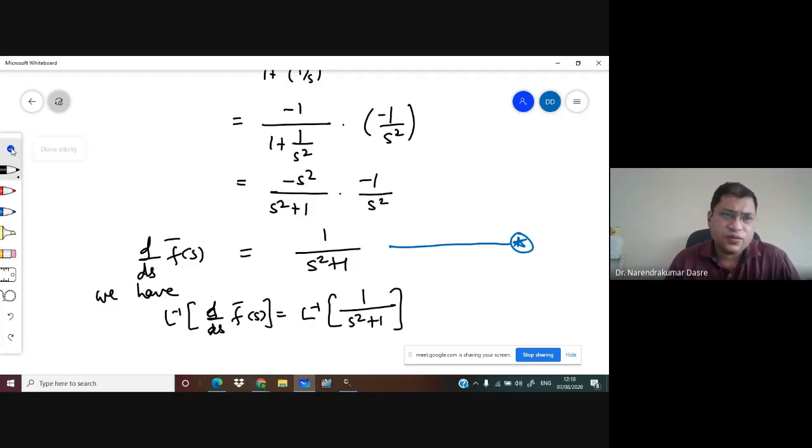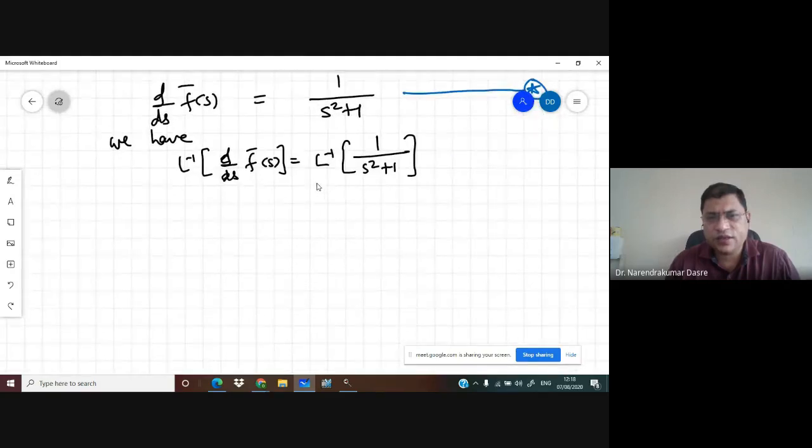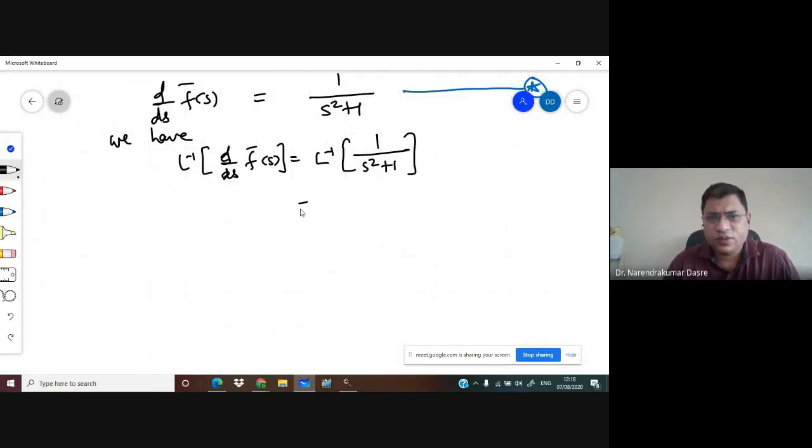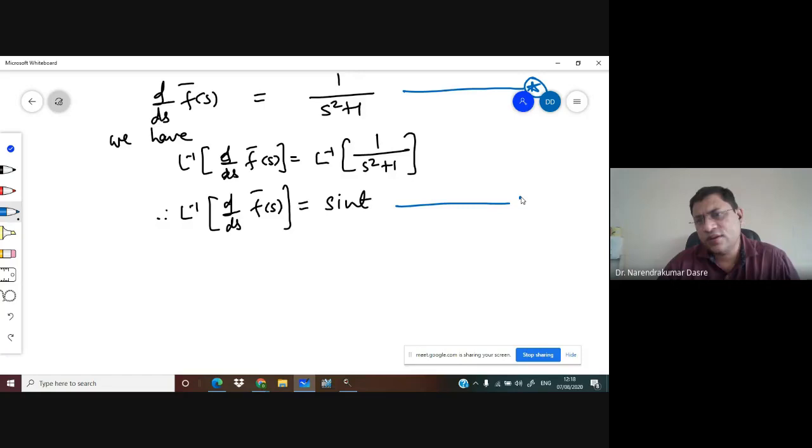Now, it is very easy to find the inverse Laplace transform of this term, which is going to be sine t. So this is our second step, which we have completed.